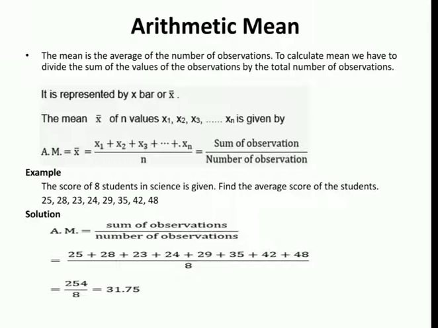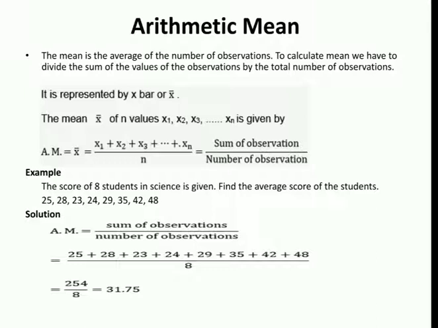If we want to find the mean of n values, x1, x2, x3 up to xn, then the arithmetic mean x bar is equal to x1 plus x2 plus x3 up to xn upon n, that is, sum of observations upon number of observations.